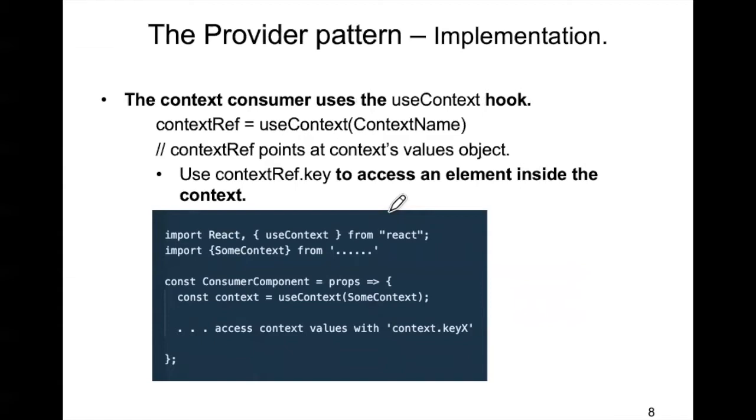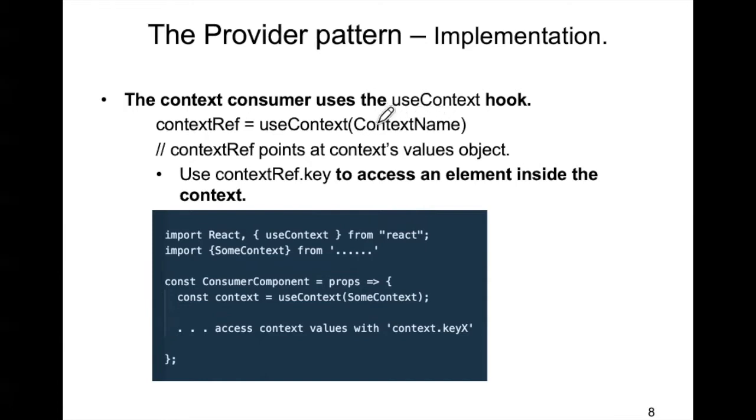Next is the actual consumer. This is the component that needs to access the values inside the context. And in general, what a consumer needs to do is use the special hook called the useContext hook, and its argument is just a reference to the context construct that you created.